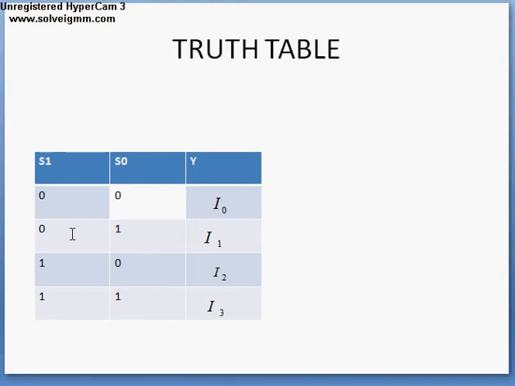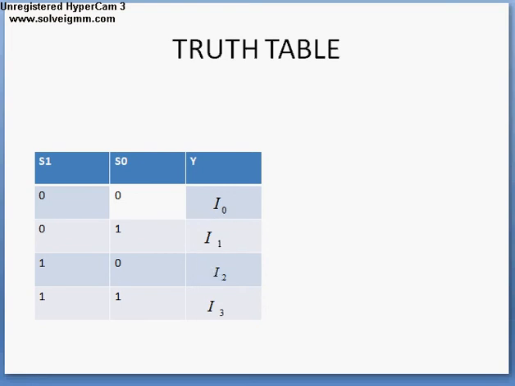In the second combination, you represent it by S1 bar, S0 and I1. In the third, you represent it by S1 because it is 1 here, and S0 bar because it is 0, and I2. In the last combination, both are 1, so you represent it by simple variables S1, S0 and I3.